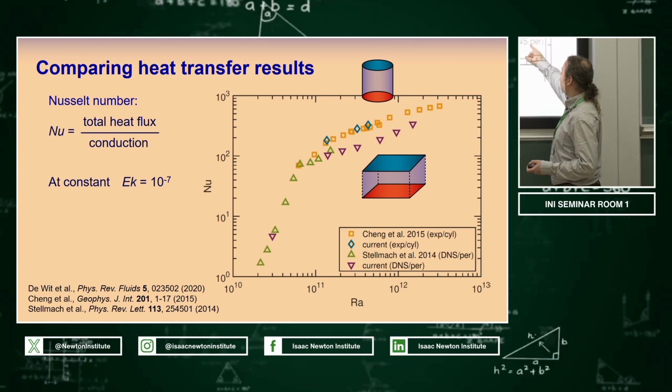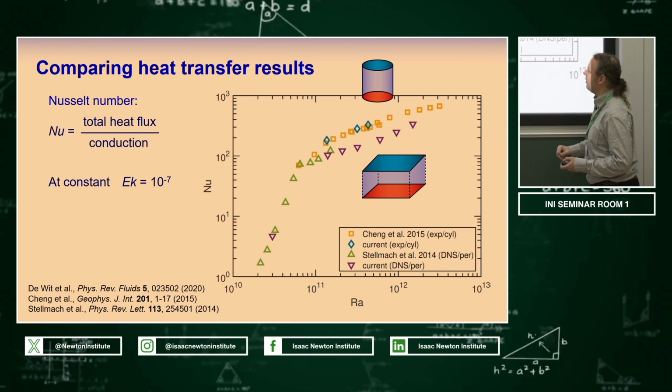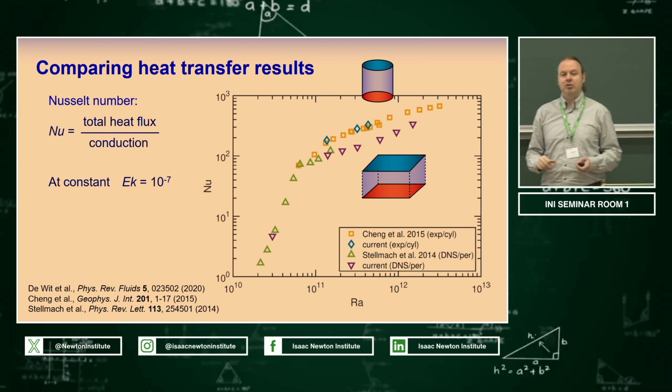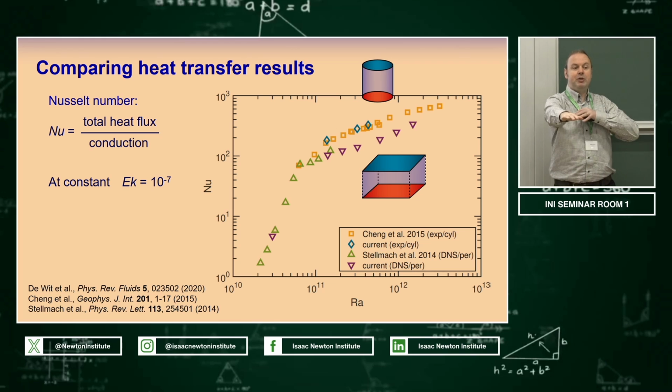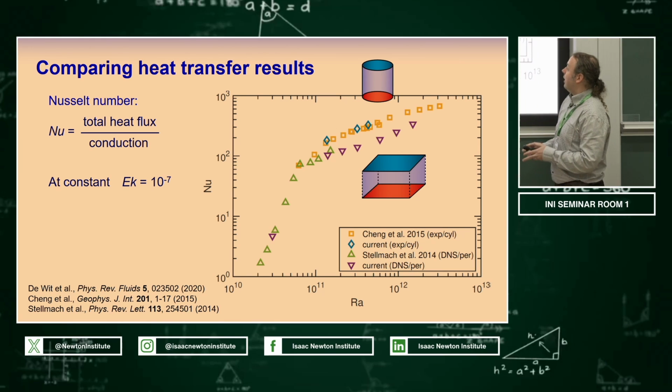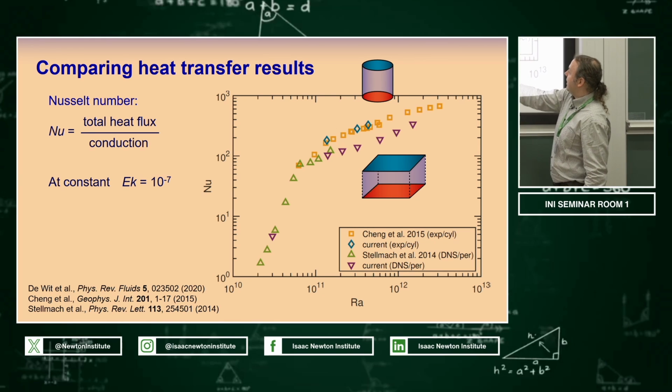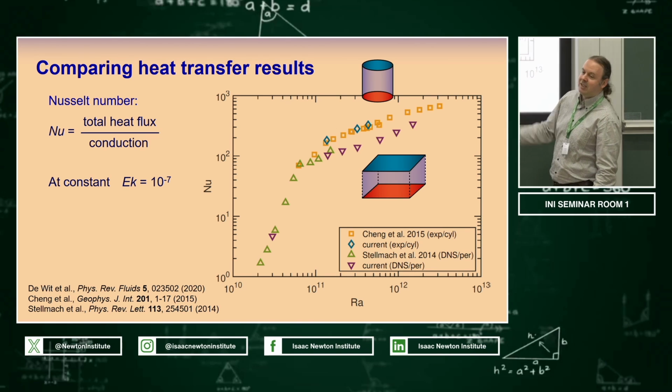And we actually compared to two studies in which direct numerical simulations were involved on periodic domains. Well, we cannot really cover this branch that well with experiments, but right here, this was promising.